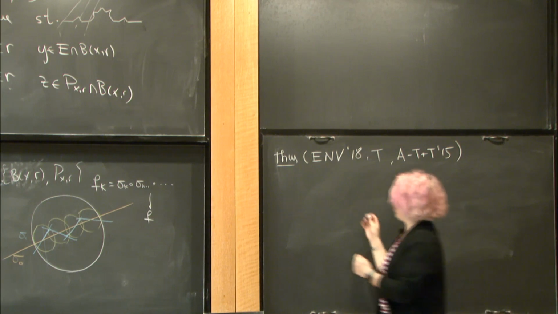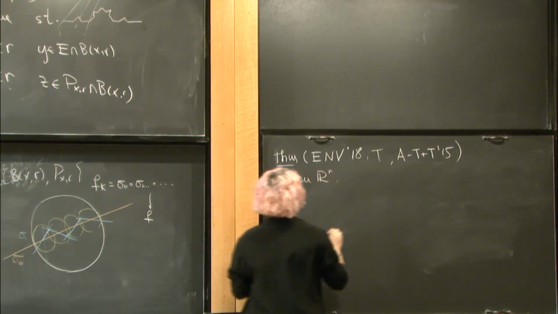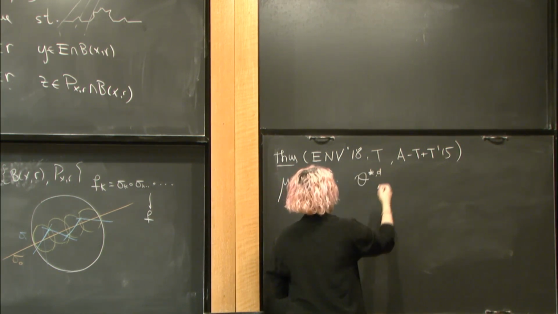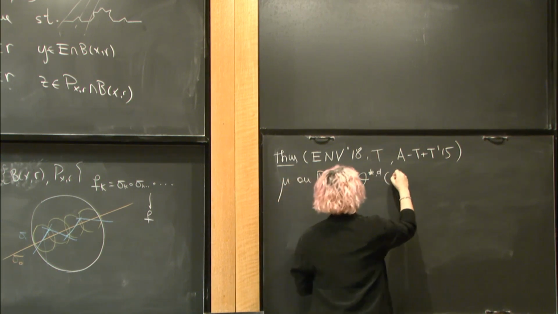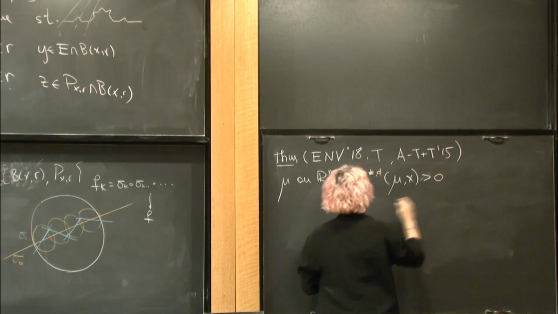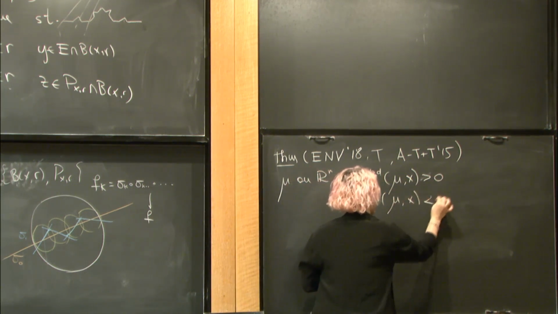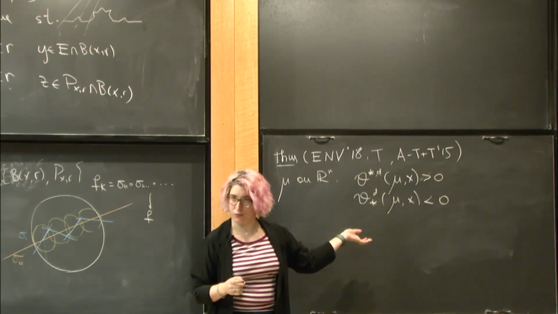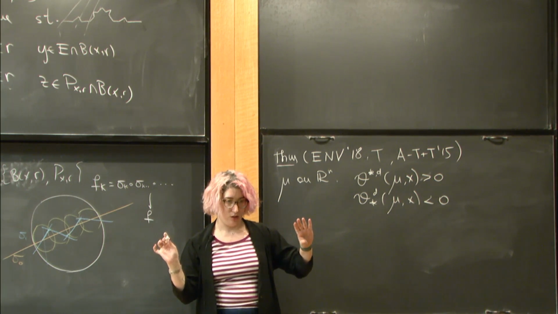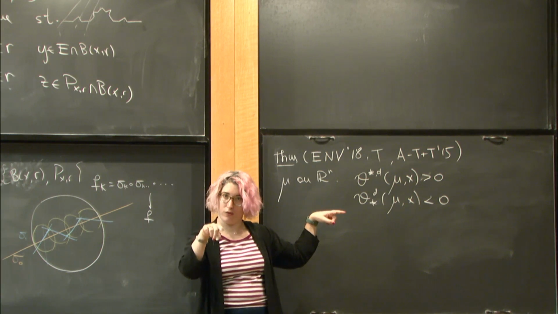Let's assume that I have a measure mu, Radon on R^n. I want the upper density of mu at x to be positive, and the lower density of mu at x to be finite. The upper and lower density are the normal Lebesgue density of a measure: the lim sup and the lim inf of the measure of a ball over r to the d.